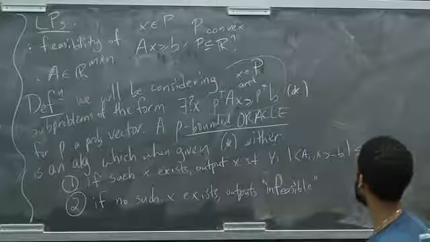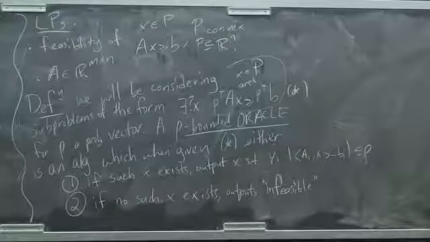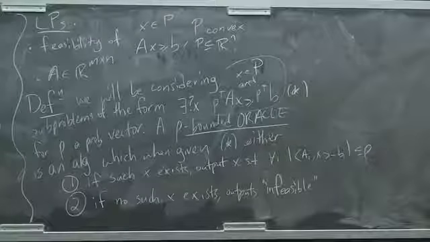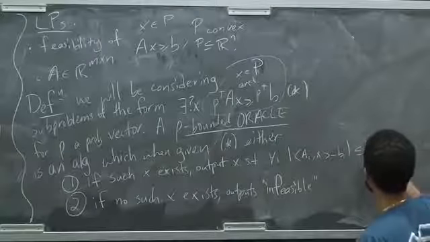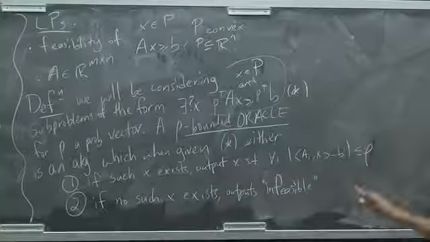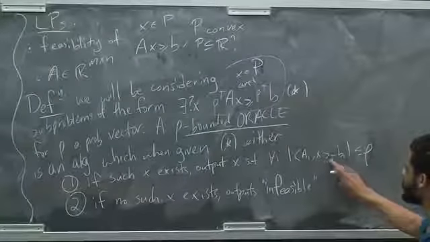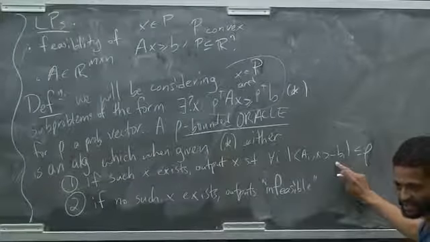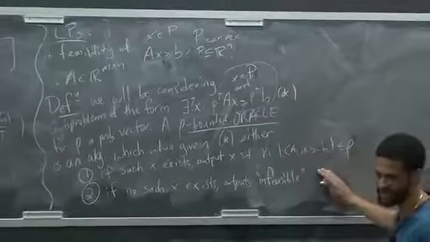Not all the constraints are satisfied, only those for P. Oh, I see. So otherwise it would be just the same. No, but this is an absolute value, right? It could be the case that a_i dot x is less than b_i. But the oracle just guarantees that the difference in magnitude is small.